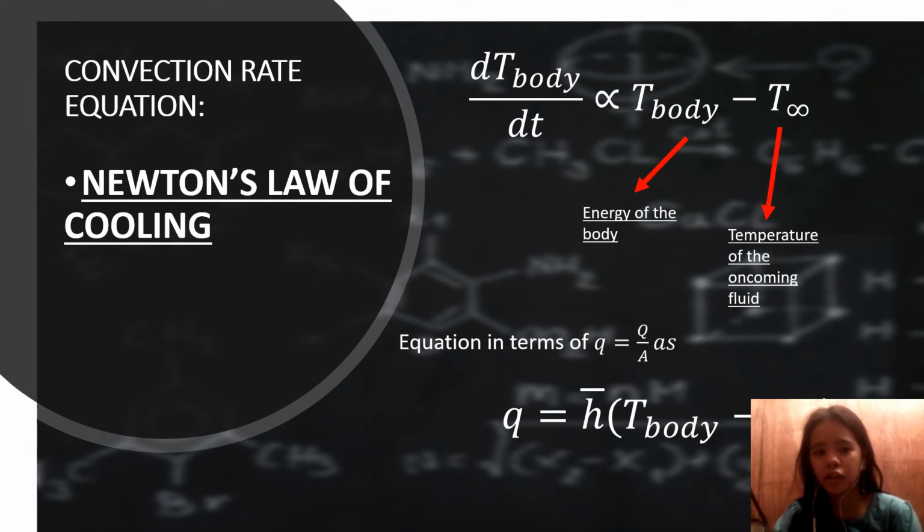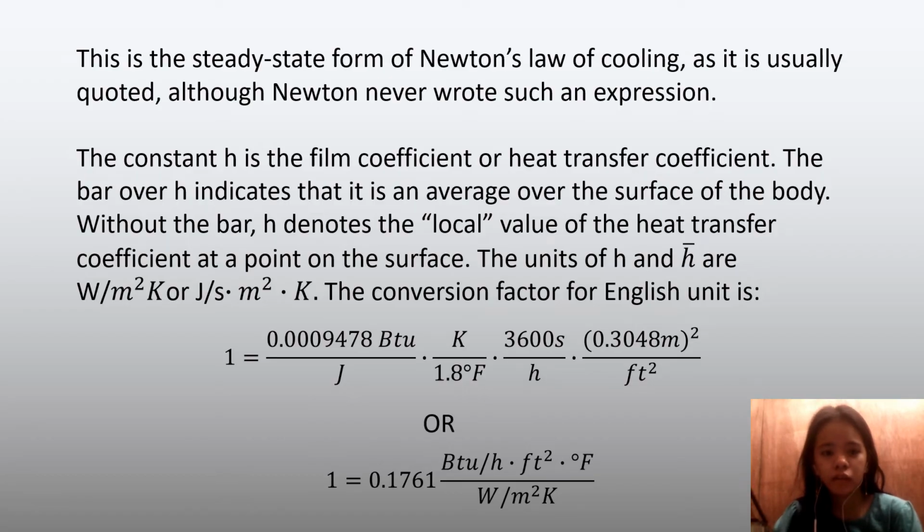The bar over h indicates that it is an average over the surface of the body.